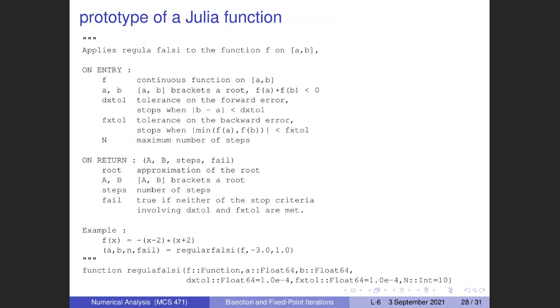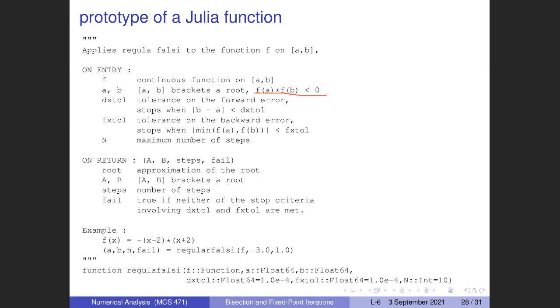I will go a little bit faster for the definition now. So it is a hybrid. So we have the bracketing. The regula falsi will only be guaranteed to work if we have the same condition as on bisection.